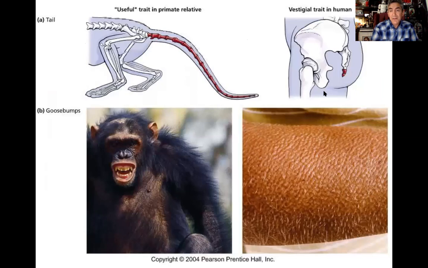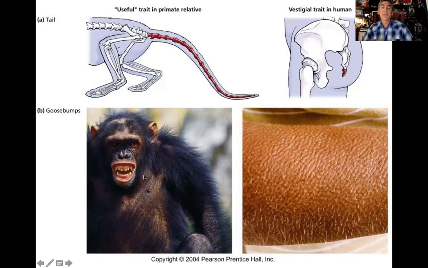Tails in humans, right? We do have a little coccyx, a little tailbone, derived from some of the more primitive long tails of different vertebrates. When you're cold, when you're scared, you develop goosebumps. Well, all of the primates do that.